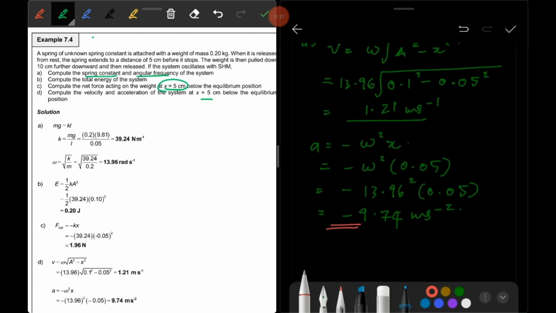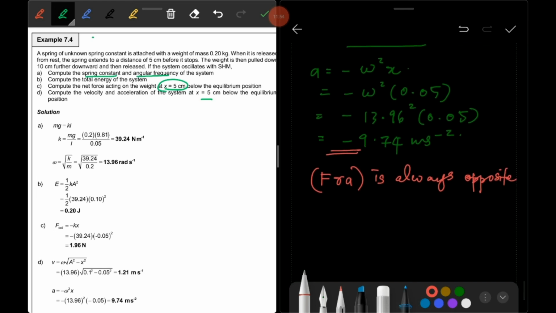The negative sign means that the direction of acceleration and the direction of force, both a and F, both quantities are always opposite the direction of the displacement.